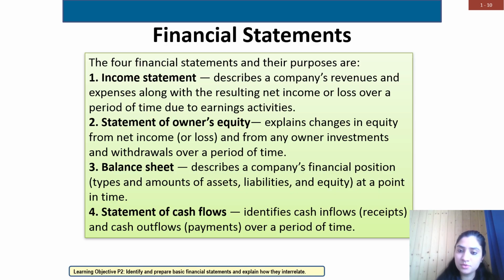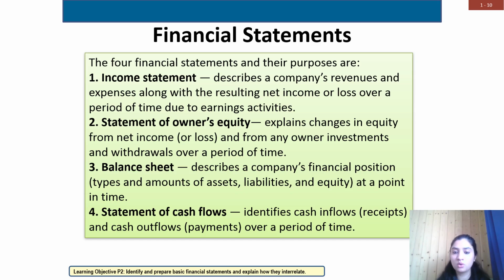Okay, so the income statement. The income statement tells us how much revenue we have earned and how much expenses we have made on taxes and other expenses. And after going through that, what is our net income, whether we are gaining or we are losing. Another one is the statement of owner's equity.